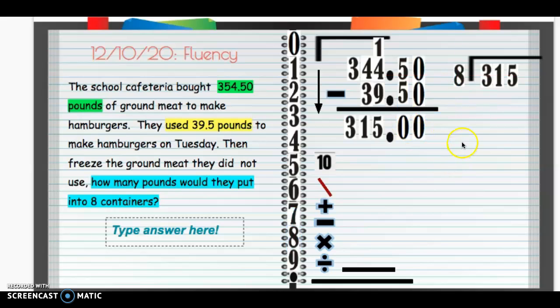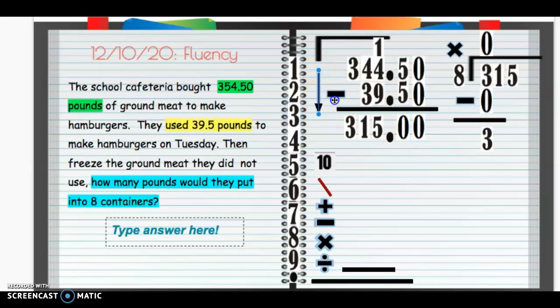So my first question as I ask is, how many times does 8 go into this number? So how many times does 8 go into 3? Well, that's 0 because 8 times 1 is 8, so that's too big, so it has to be 0. So I put my 0, and then I begin to subtract. 3 minus 0 is 3.